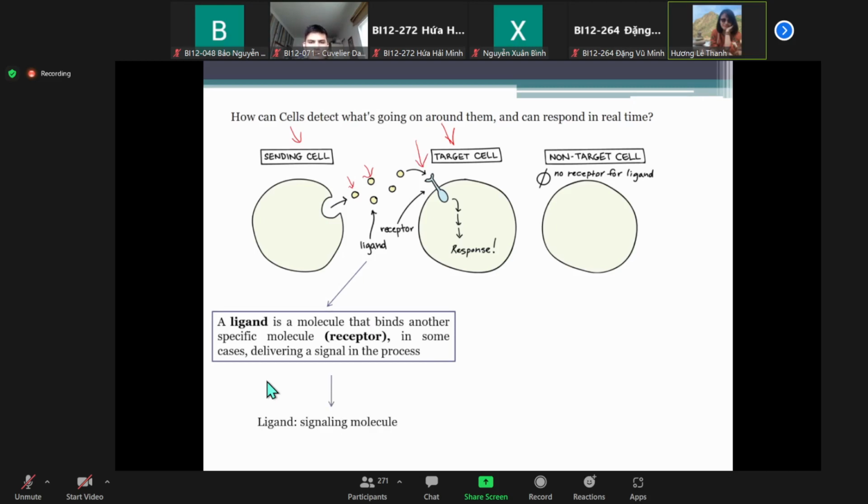We call ligands the signaling molecules.